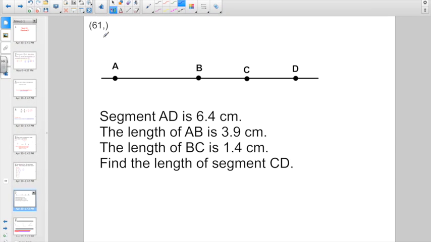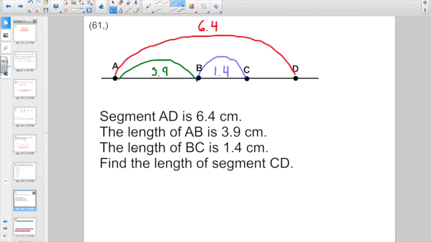Check out this guy coming at us from lesson 61. It starts off saying segment AD is 6 4/10 centimeters from A all the way over to the end of point D. And then it tells us that segment AB is 3 9/10 of a centimeter.